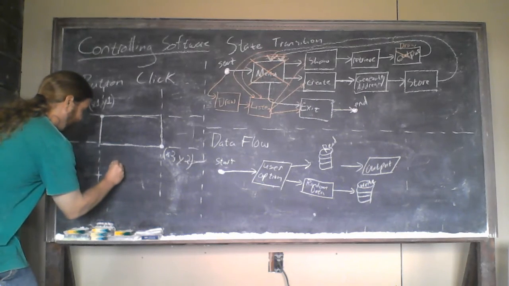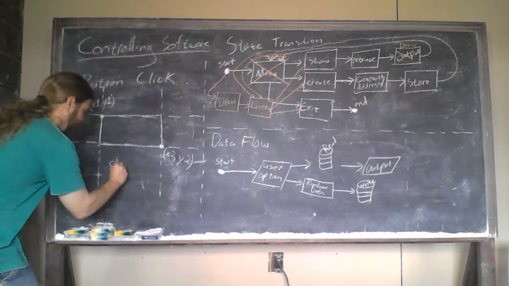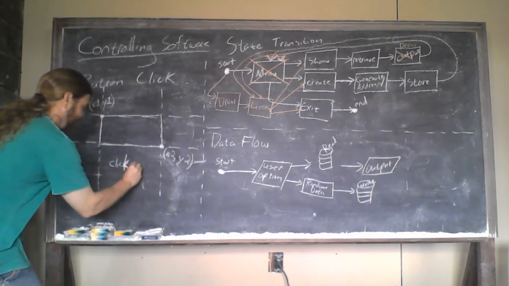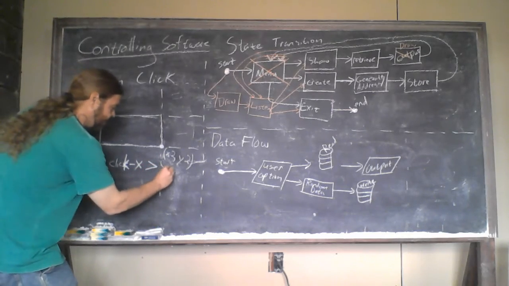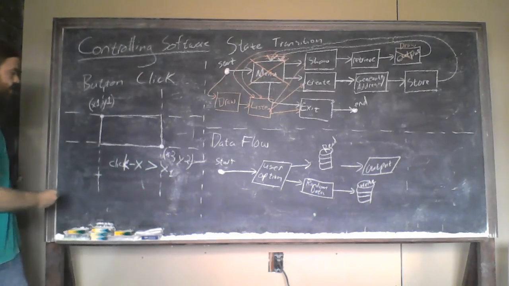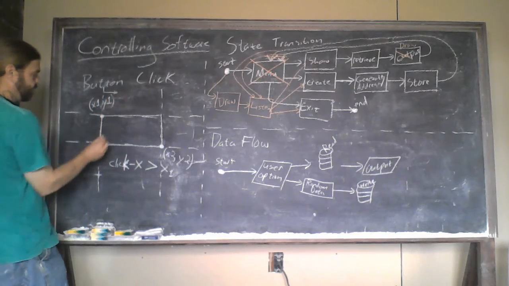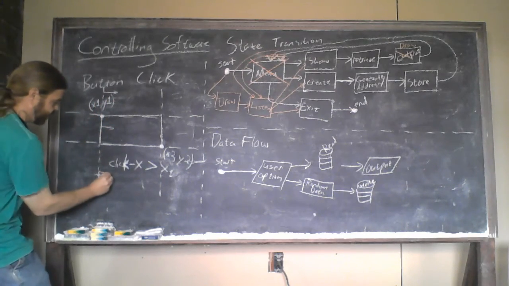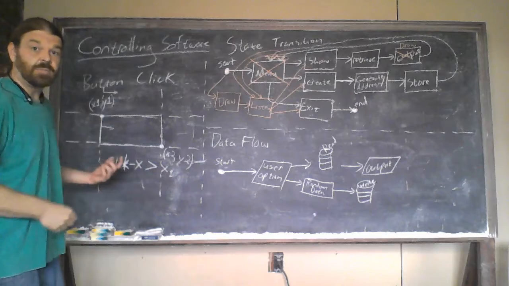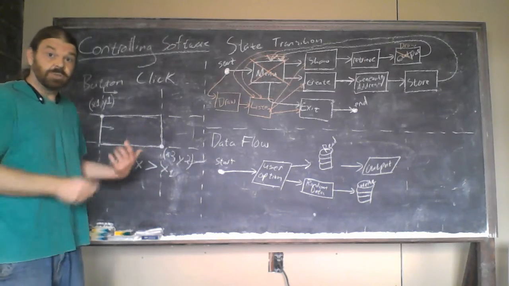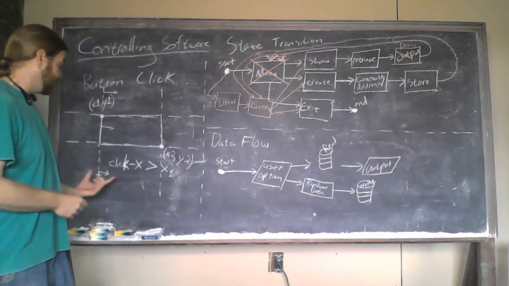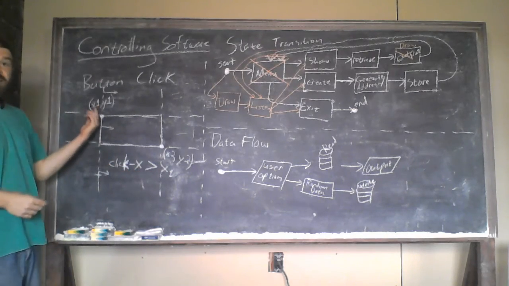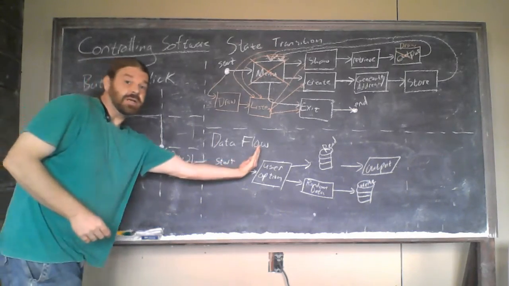So if our click x value is bigger than x1, that means everything this way. The user's going to click somewhere, the computer's going to notice where they click, and give us the x and y value of that. So if it's bigger than our x1 value, that means everything this way.